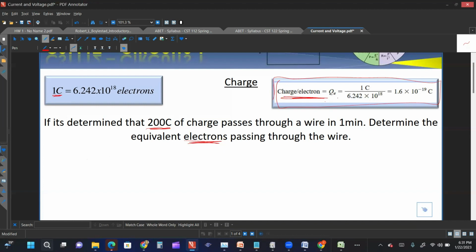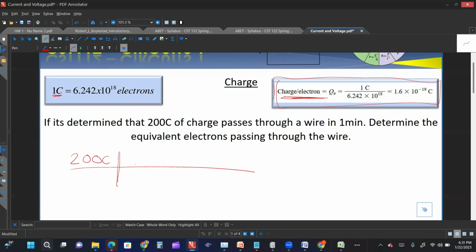So basically, all this question is just a basic conversion type of question. And so what we have here is 200 coulombs, and we want to convert it to electrons. I like to write it out this way when I'm converting.